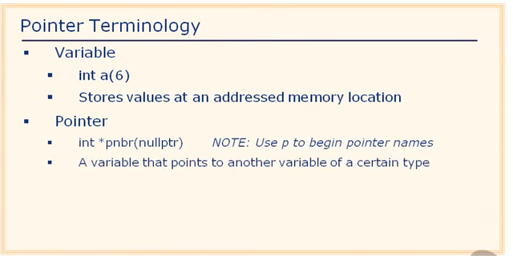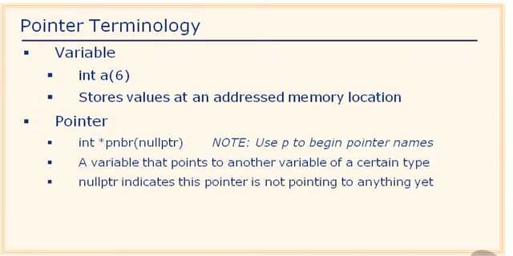So a pointer is a variable that points to another variable of a certain type, and it lets us see either the address of that other variable or the data that is stored in that variable. Okay, and then again, nullptr indicates that this particular pointer, pNumber, is not pointing to anything yet. So there are two terms: we have variables and then we have pointers.